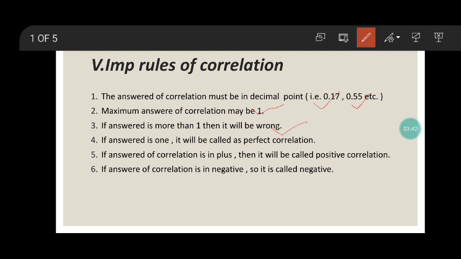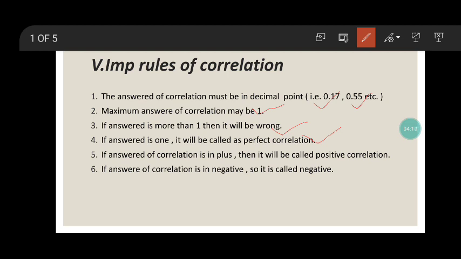The fourth rule is, if the answer is 1, then it will be called perfect correlation. Now you have calculated the coefficient of correlation by applying the formula, and you are getting the answer as 1. So here you can derive the conclusion that there is perfect correlation between the two variables. Perfect correlation refers to a perfect relationship between the two variables.